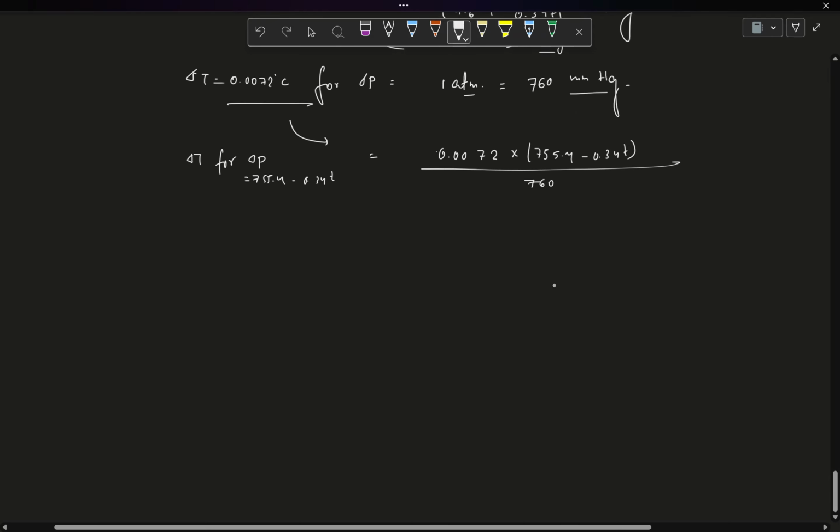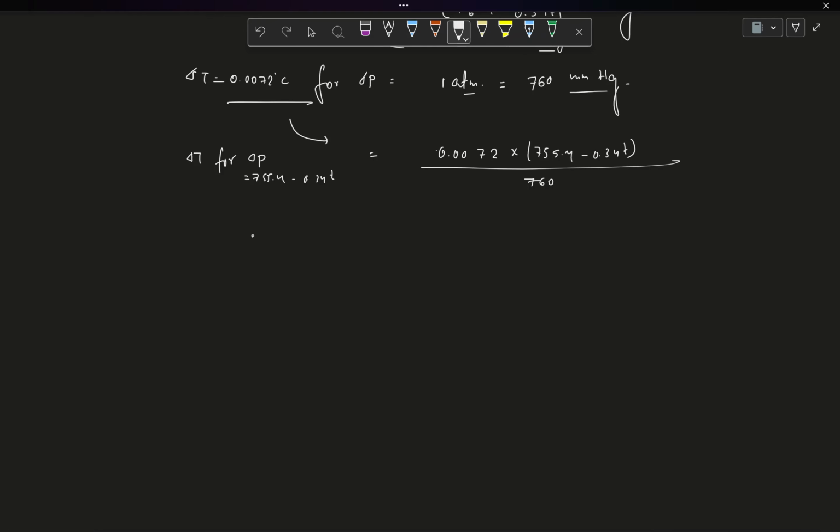Sorry, not mmHg, but this is in degree centigrade, okay? So your actual triple point temperature T degree centigrade is equal to 0 degree centigrade, the initial case, plus the change in temperature for the change in pressure to the triple point. You add that temperature change, and that gives you the final triple point temperature value.